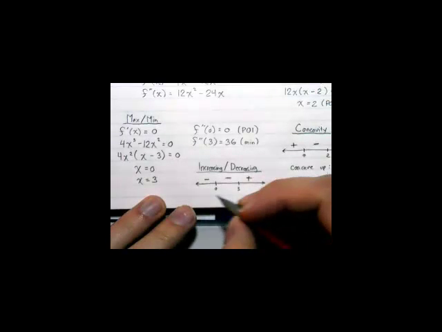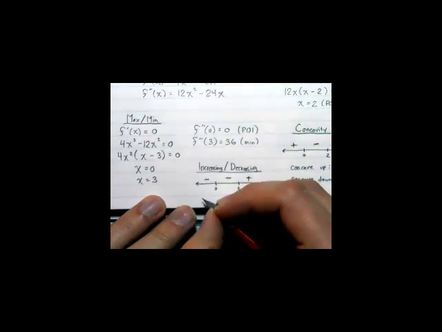Now, when you're listing these intervals, we've got negative infinity to 0, 0 to 3. First derivative comes out 0, x equals 0. Okay, so it's not technically increasing through 0. It kind of stops at one point and then keeps going.